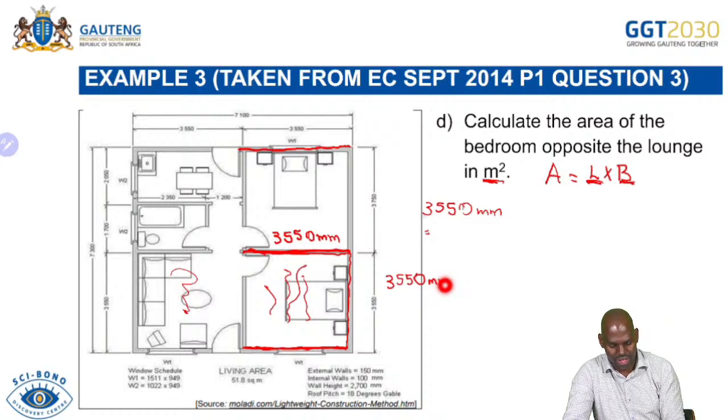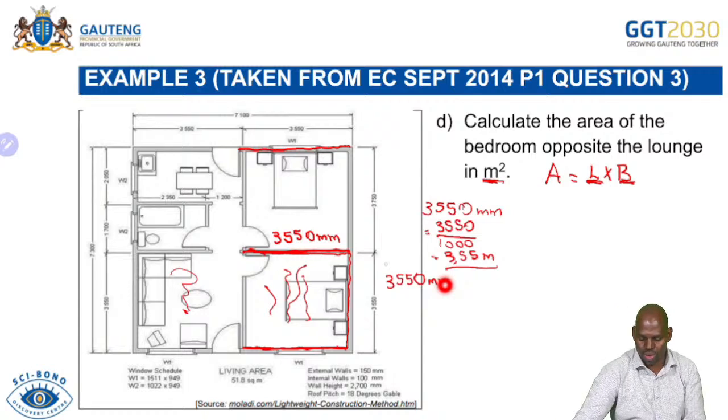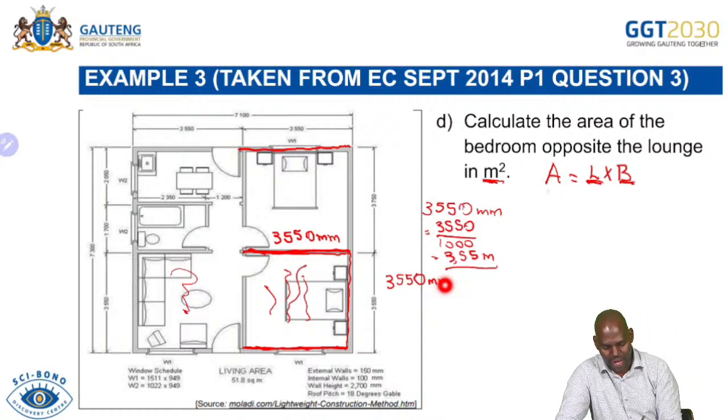If you take 3,550 and divide it by 1,000, then you get 3,55 meters. And then the other side, obviously, is also going to be 3,55. Therefore, we can say area equals 3,55 multiplied by 3,55.